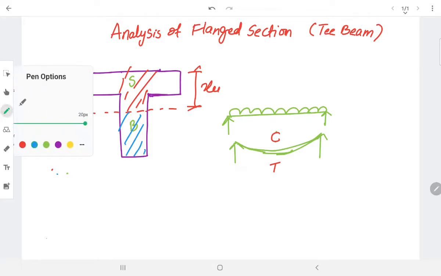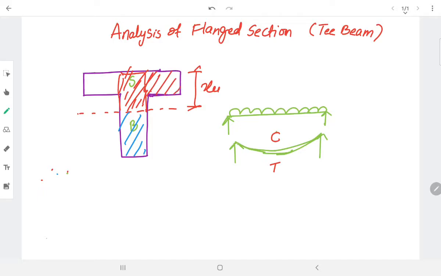If it is cast monolithically and the slab contributes by taking stresses, that means the slab will take the compressive stresses. I may not say the stresses are only within the top fibers of the beam. They will distribute over a certain width in the slab; even though the slab may extend more, some portion of the slab is under compressive stresses.